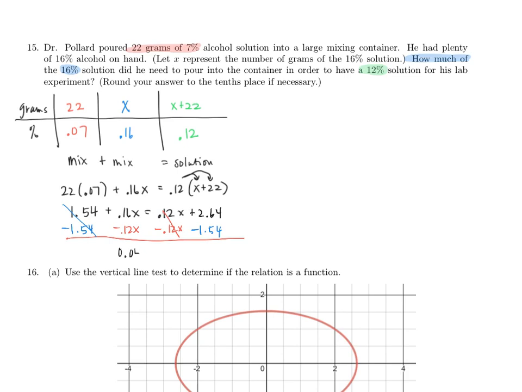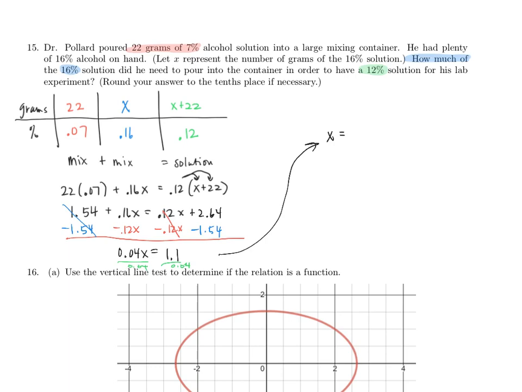So 0.04x is equal to 2.64 minus 1.54, which is 1.1. Okay, and then the last step is to divide by 0.04. So 1.1 divided by 0.04.